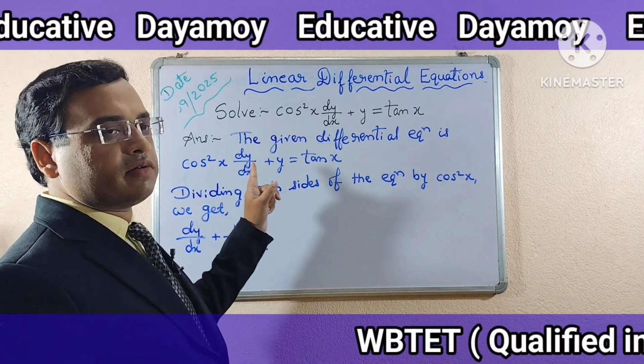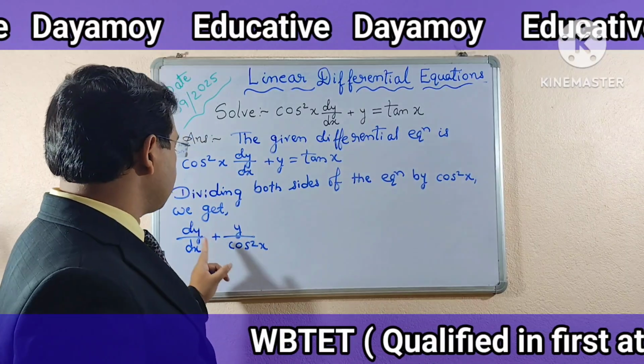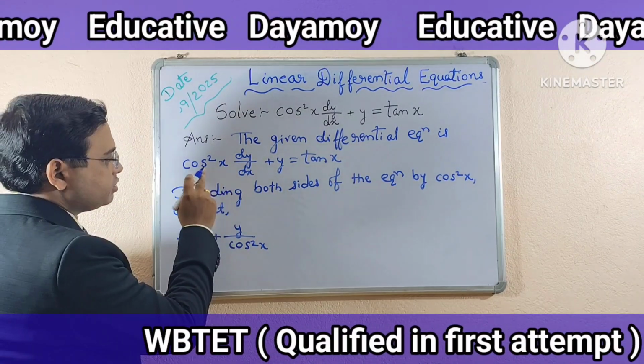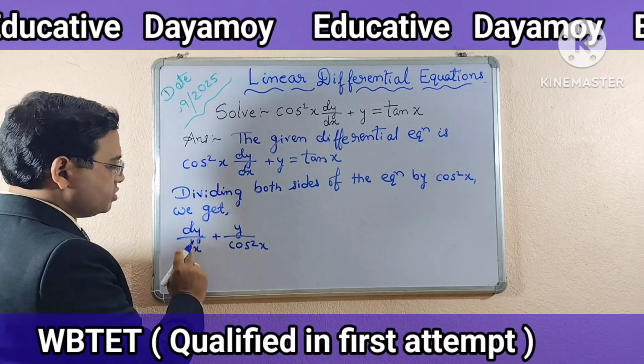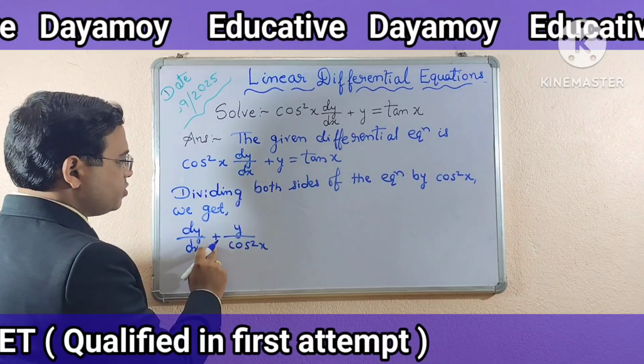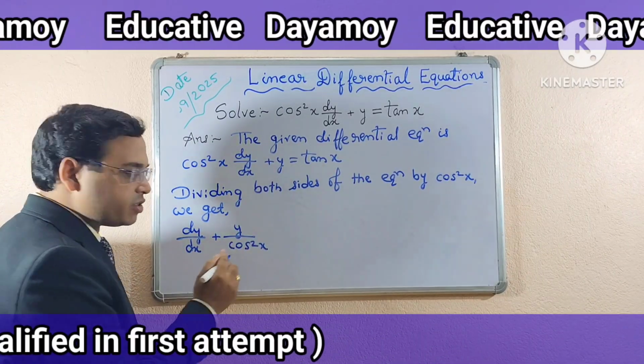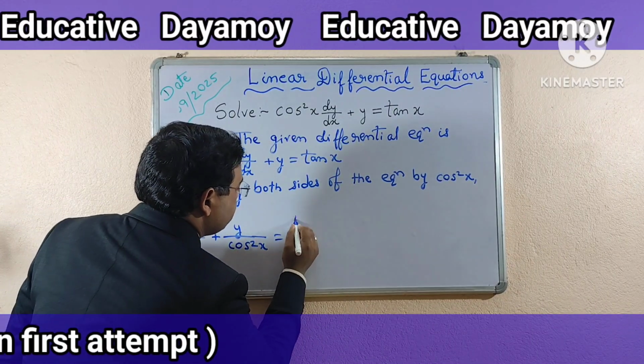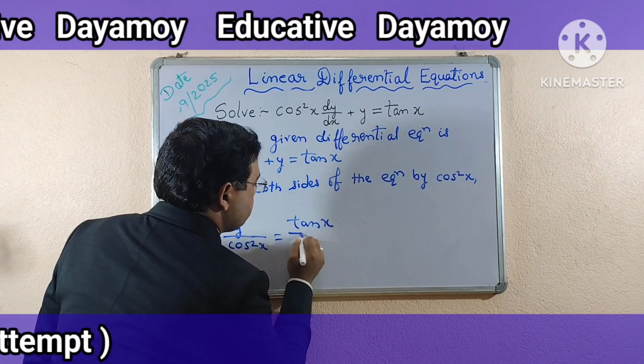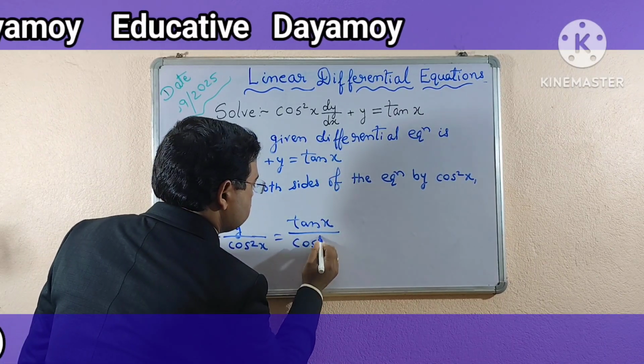If you divide both sides by cos square x, then we get like this. Here cos square x by cos square x gets cancelled and dy by dx is present here. Thereafter I have given plus. After that y by cos square x will be there, and after that tan x by cos square x will be there.